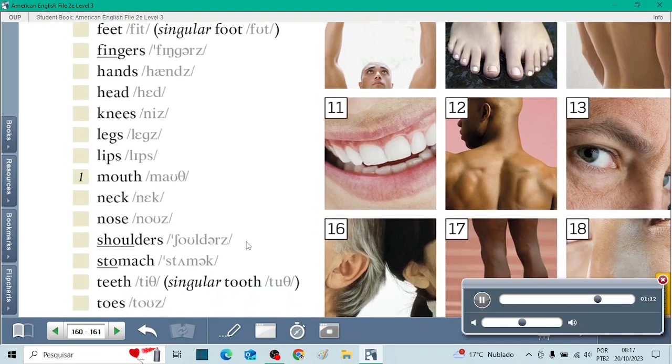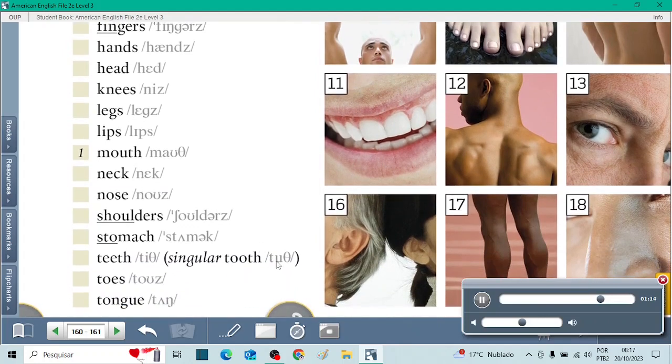Nose, 12. Shoulders. 10. Stomach, 11. Teeth. 3. Toes, 15. Tongue.